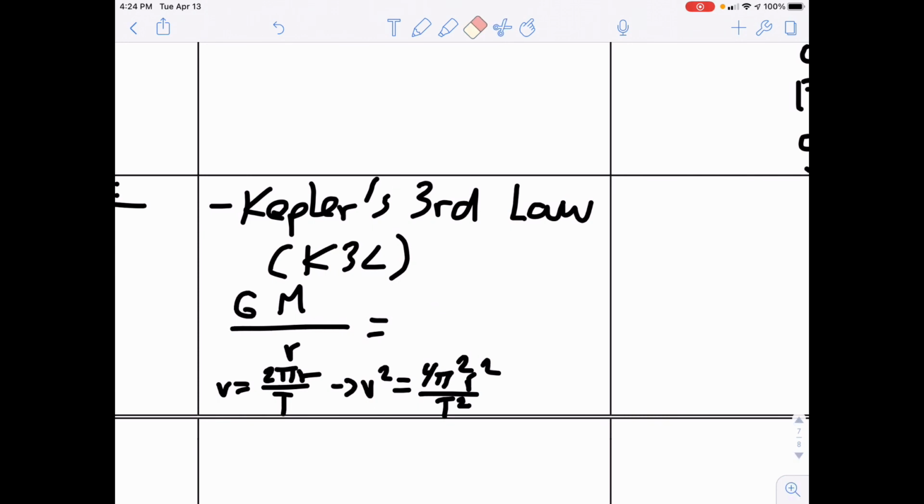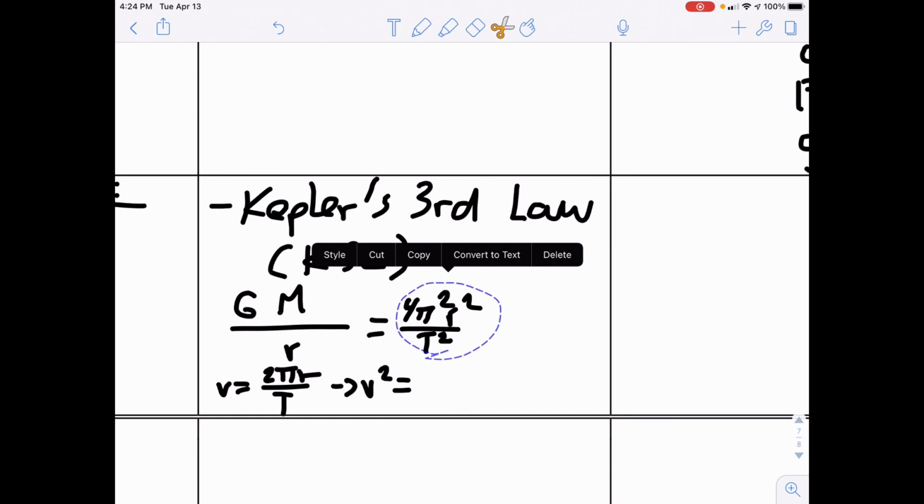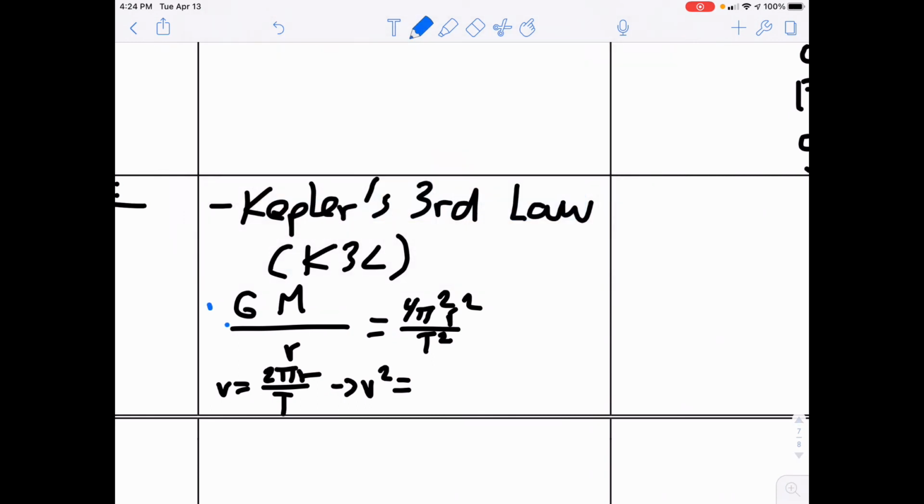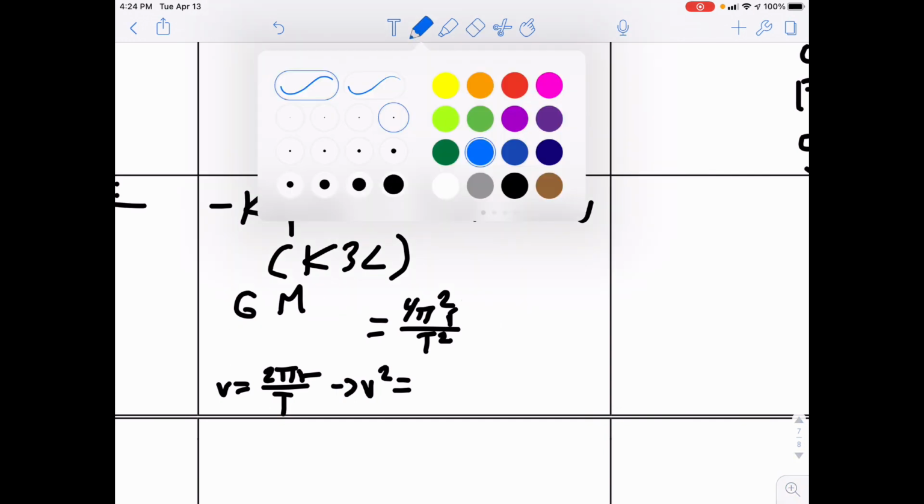And so we'll substitute this for v squared. And then lastly, if we solve this equation here, I'm going to multiply both sides by r. And when I do that, it gets rid of the r, and it makes this r cubed.